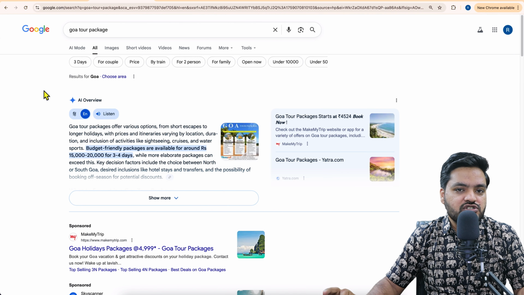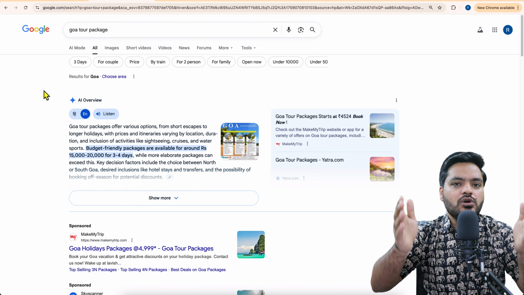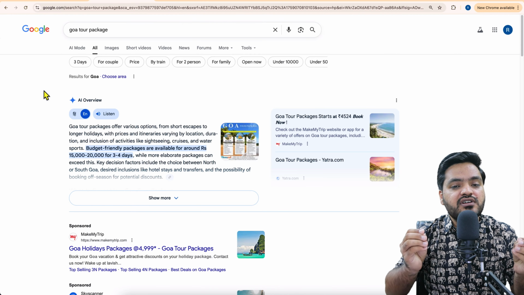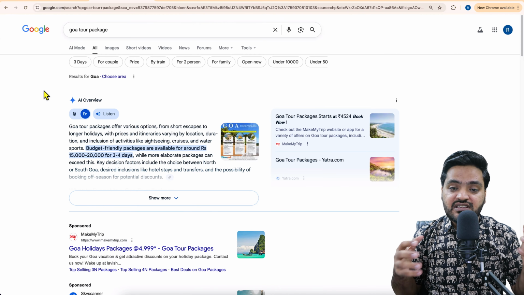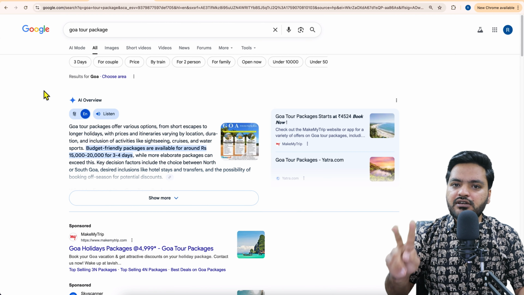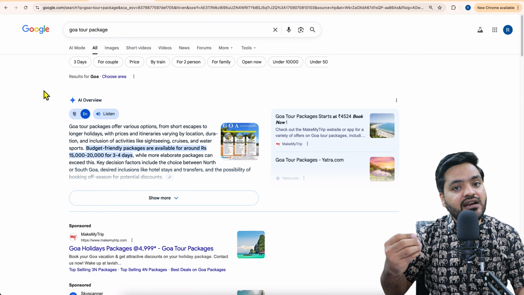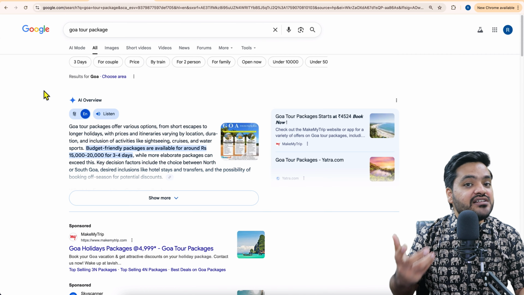If someone is searching this, it means he or she is trying to find an agency or a service provider who can offer them a Goa tour package. It means they are looking for a service, they are looking for products. They are interested to visit Goa, but they don't want to visit Goa on their own. They want a tour package. That's why the intent behind this keyword is high.